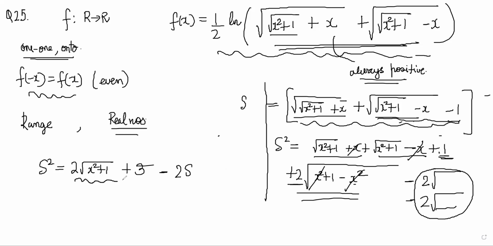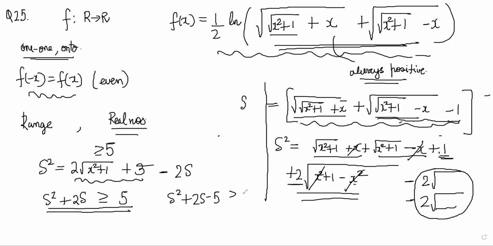We know that this part is greater than or equal to 5, so you have s square plus 2s is greater than or equal to 5. So you have a quadratic: s square plus 2s minus 5 is greater than or equal to 0.